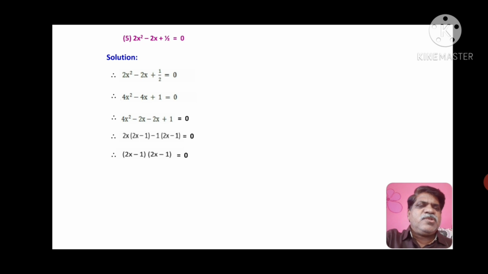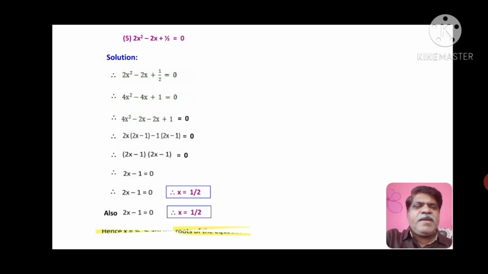The product of these two brackets is equal to 0, so 2x minus 1 is equal to 0, which means x is equal to half. Also, the other 2x minus 1 is equal to 0, so here also x is equal to half. Therefore, x is equal to half and half are the roots of the given quadratic equation.